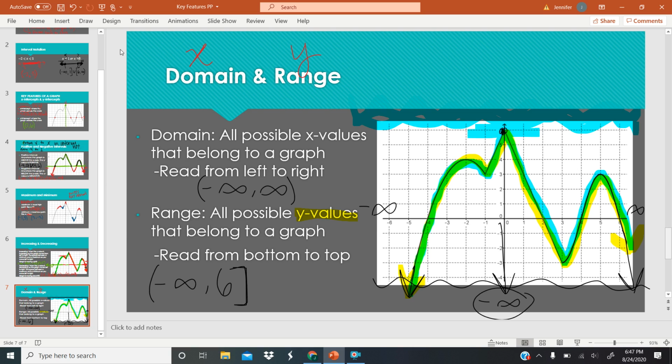So just another way for you to think about these, if it helps. Basically, domain is going to be from the furthest left point to the furthest right point.